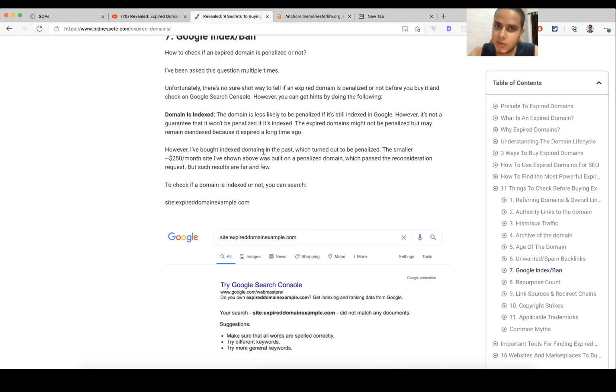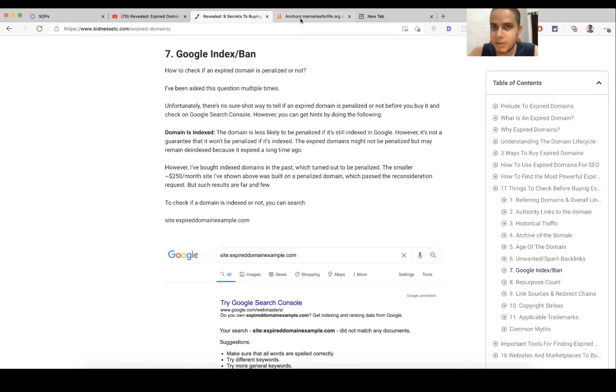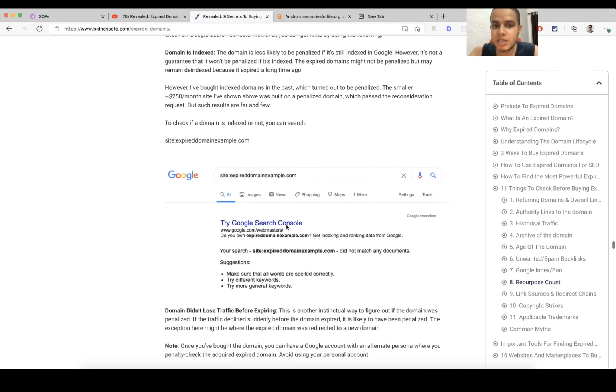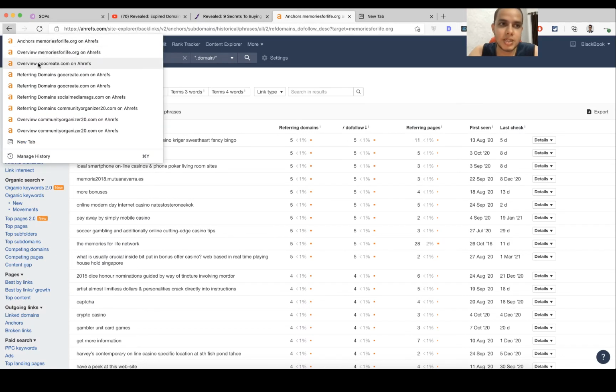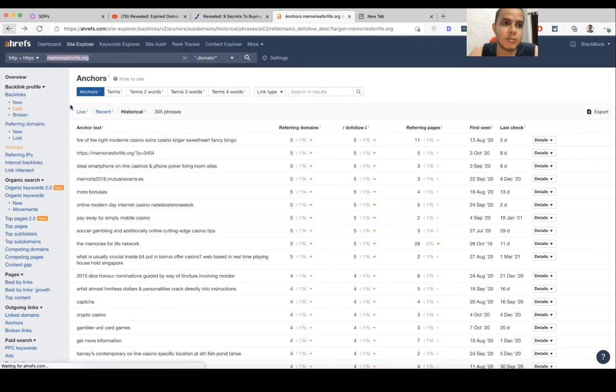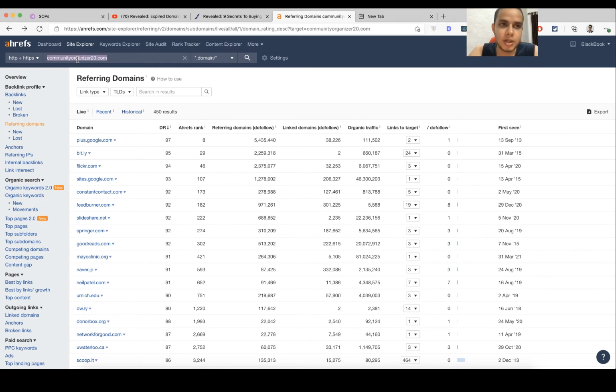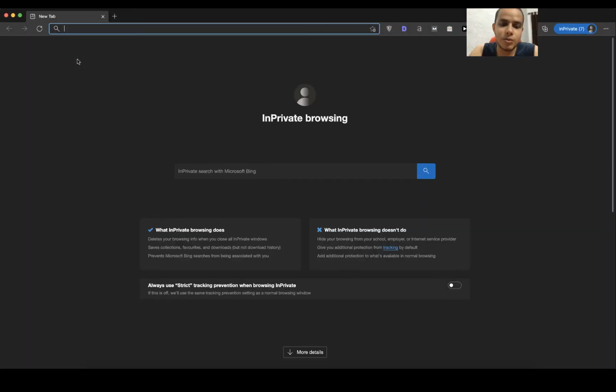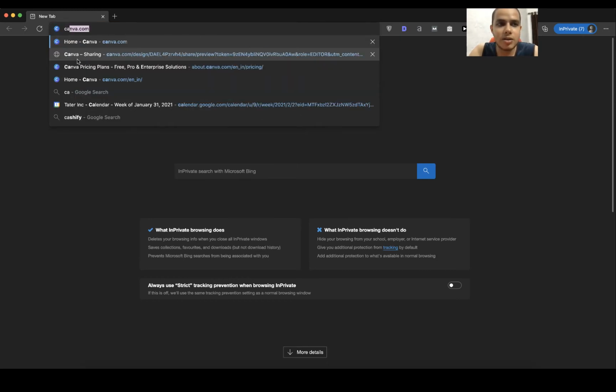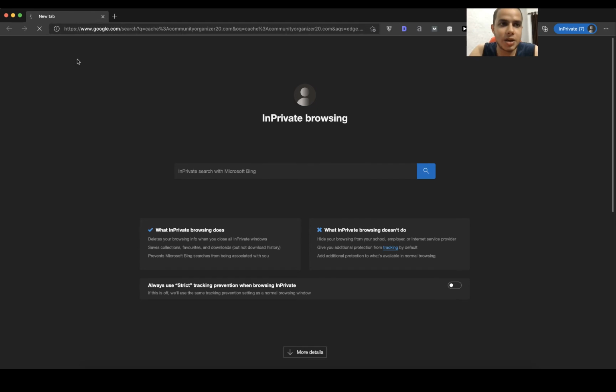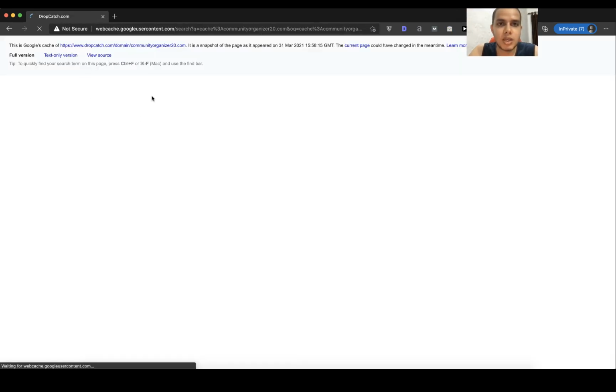This is not a very critical factor, because if any domain has been expired for a long time, then it won't necessarily be indexed. So let's say I am thinking of purchasing this expired domain. I'll just go to Google and type cache in my URL bar itself, if you have Google searches enabled, and see if this is cached or not.